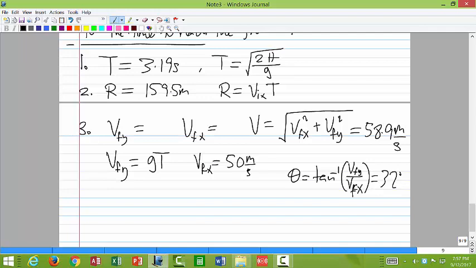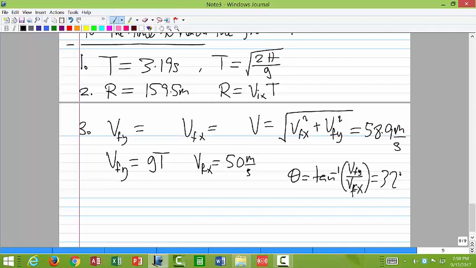So anytime you deal with vectors, always calculate the magnitude and the direction. Okay, that is our definition for the vector. Calculate magnitude and direction. So it's 58.9 meters per second at 32 degrees. So it's going to hit the ground at that angle. The square root is v final x squared plus v final y squared. The quantity is v final y is 31.9, v final x is 50.